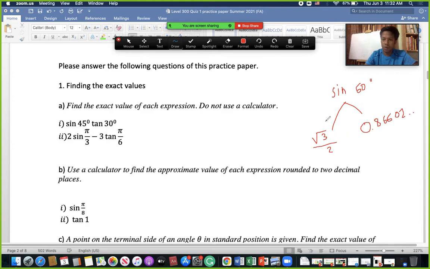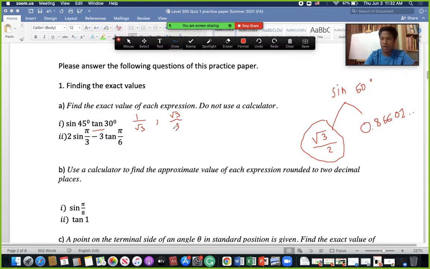So you have to write this value here. Suppose tan 30 degrees, tan 30 degrees means 1 divided by root 3, or another answer is root 3 divided by 3.